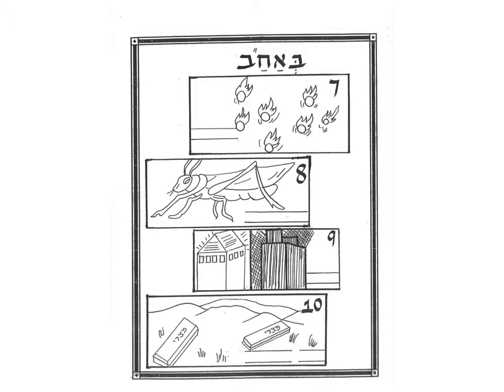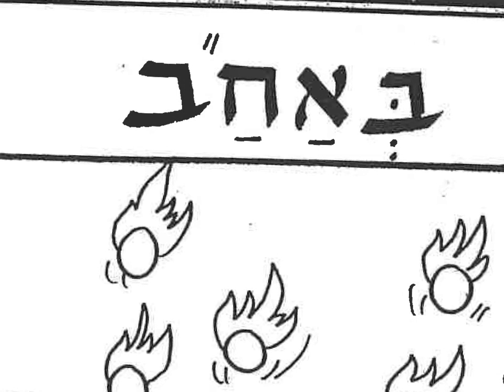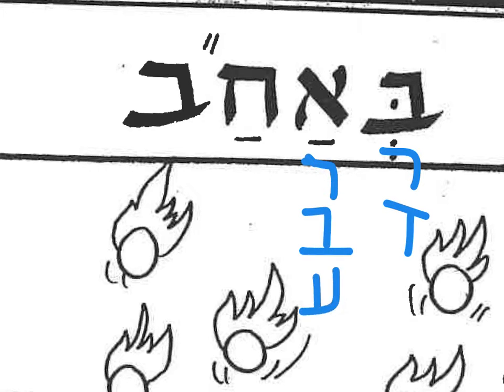And on the last page over here, we have the last 4 plagues, which has a memory trick, bi'achab, because it stands for, you guessed it, bet stands for, let's do a different color. Bet stands for barad. The Alef stands for arbeh, the grasshoppers.